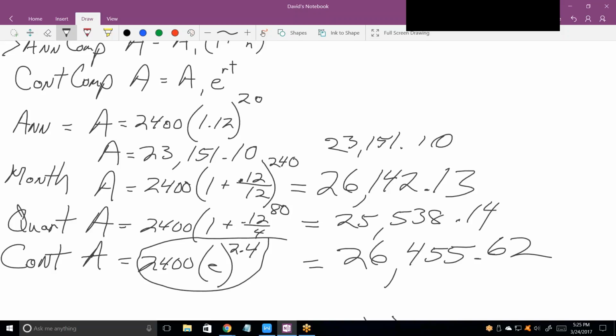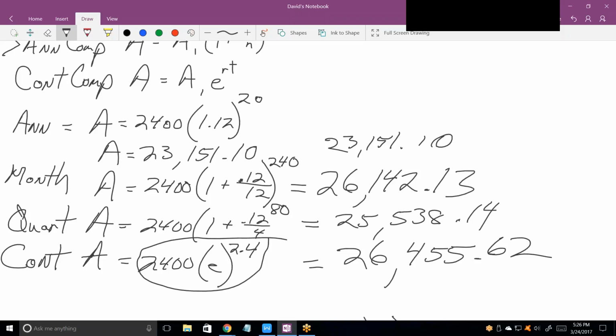Now, here's the point of fact. In nature, everything is continuous. The only places you get annual, monthly, quarterly, stuff like that is human creations like bank accounts. In other words, a bank will decide to pay you annual interest.